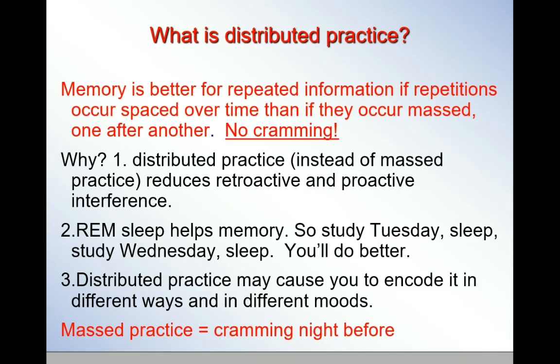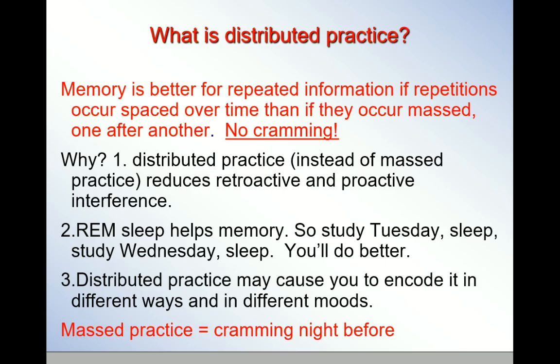All right, write down the red. So based on science, we know that distributed practice is the best way to study material. If you want to really be hardcore and remember stuff, you want to be like valedictorian, study every night before you go to bed or around 7 p.m., study what you've learned that day.